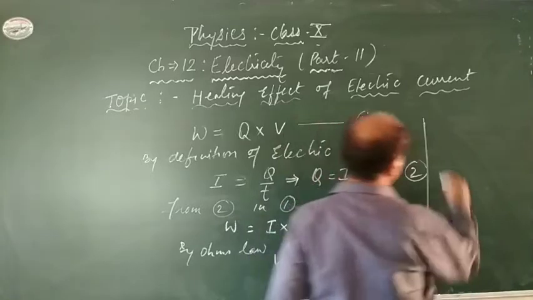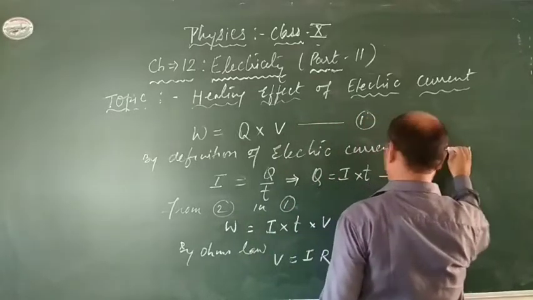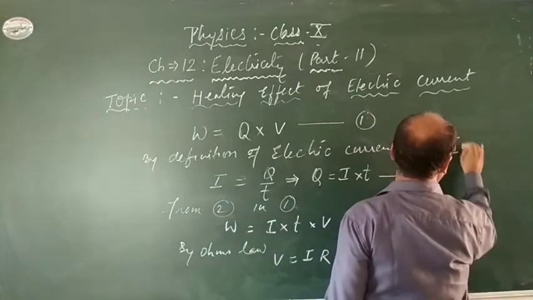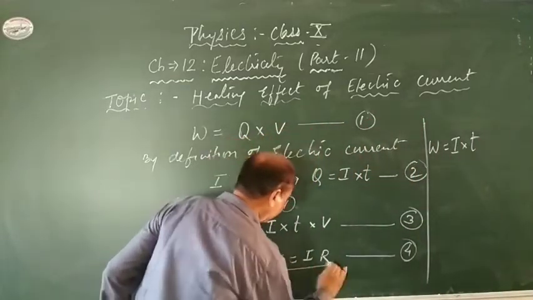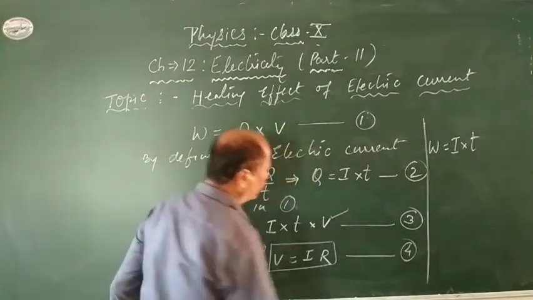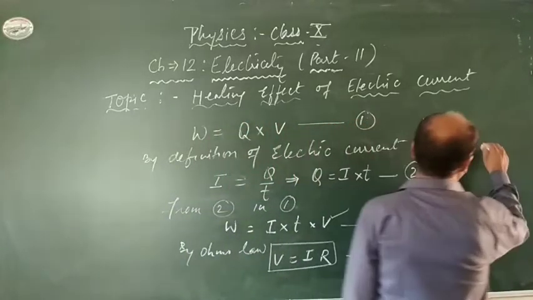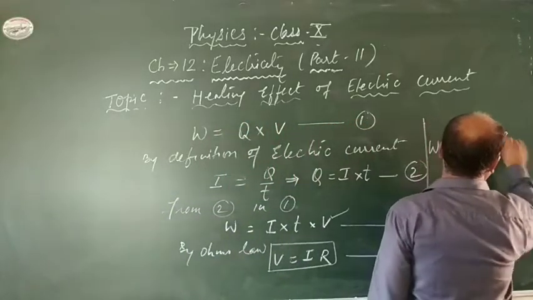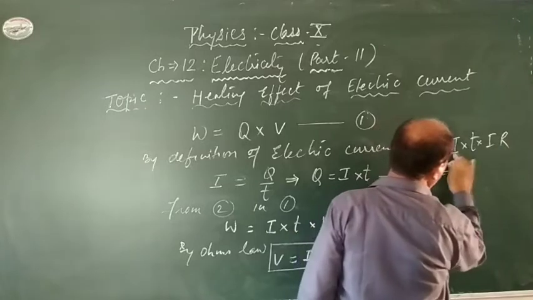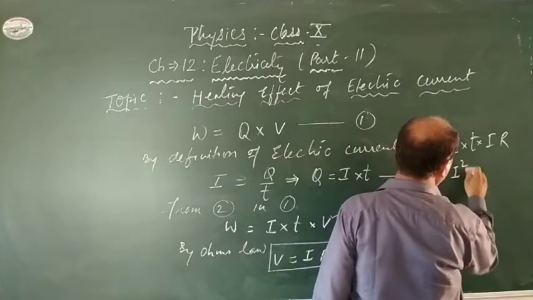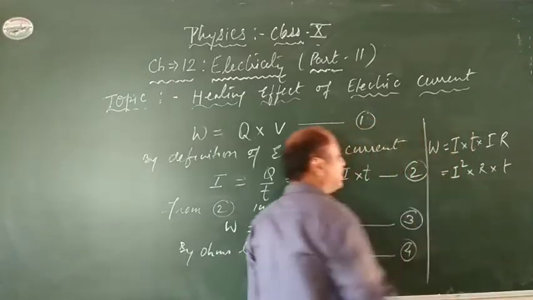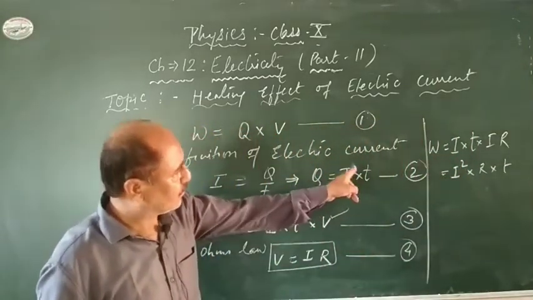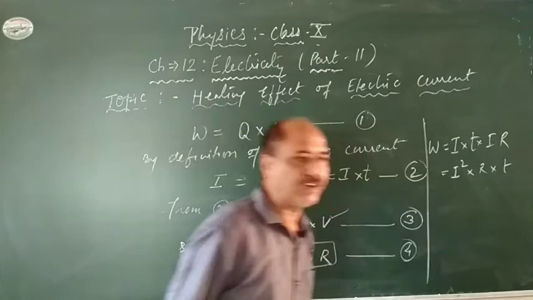W is now equals to I into T, and V is IR, so we substitute IR in place of V. This becomes I into I, that is I square, R into T. So we got W equals I square RT.